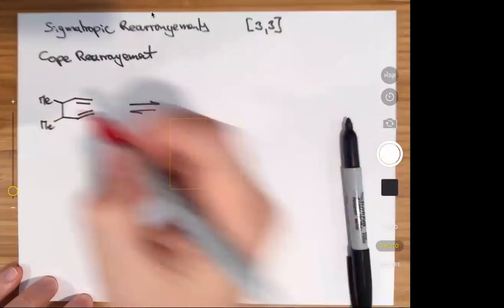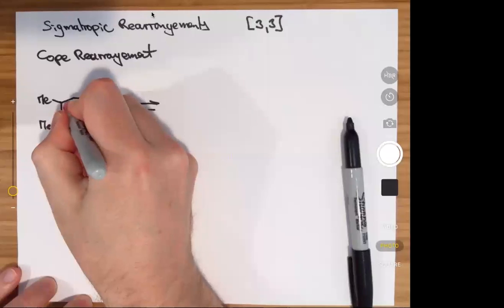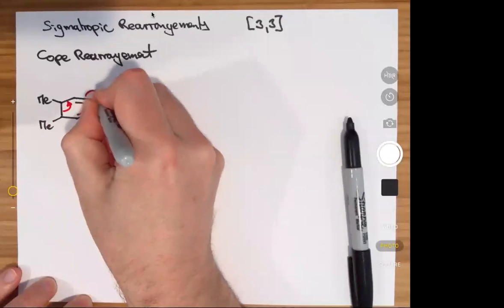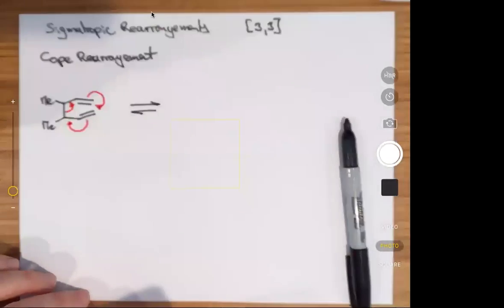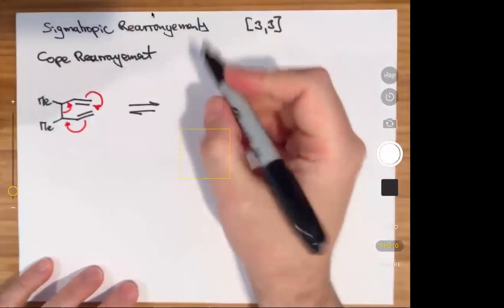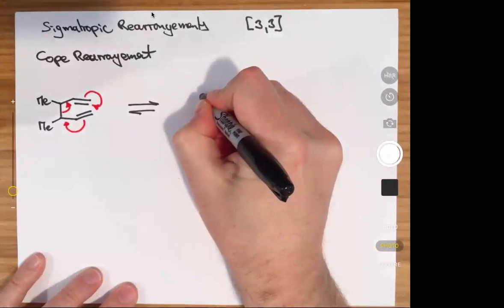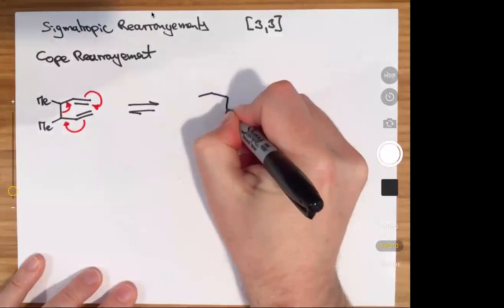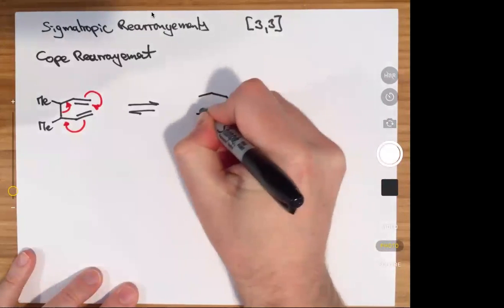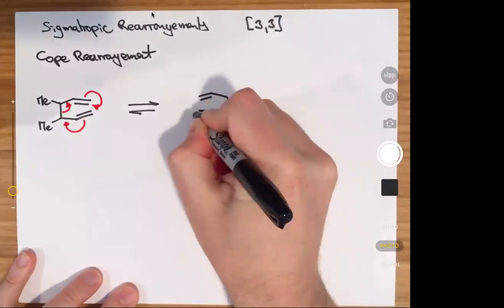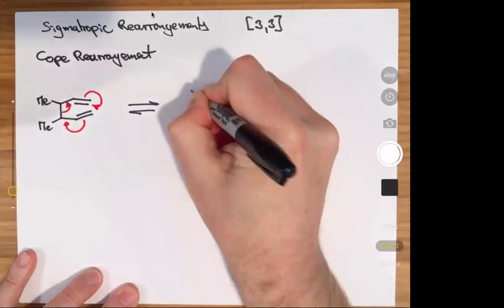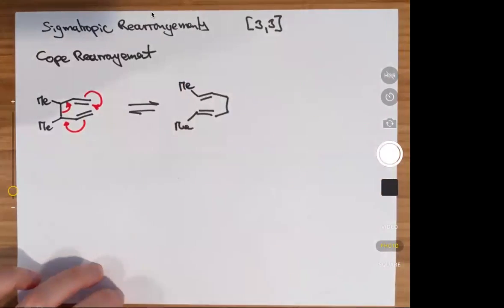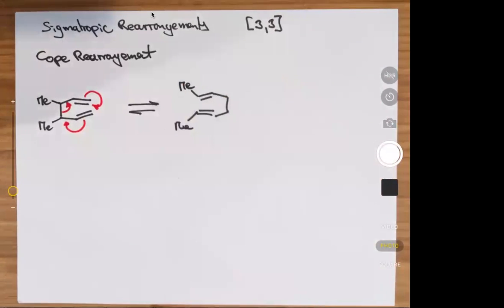So you could think about this, if you wanted to draw the arrows, you could draw this arrow over here, this arrow over in here, and push this arrow over here. And what this gives us then is the rearrangement product, where we shifted the position of the sigma bond. So it's essentially a motion of the sigma bond along the pi system.